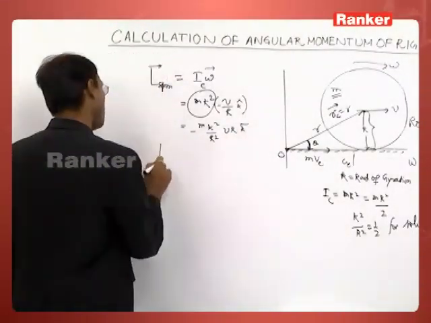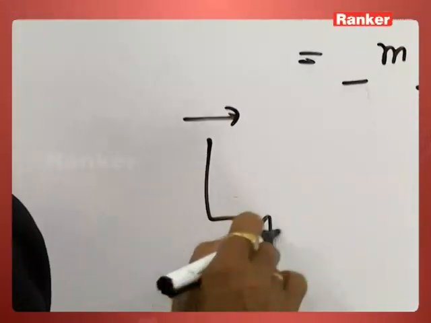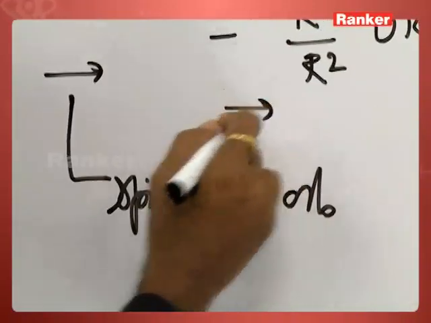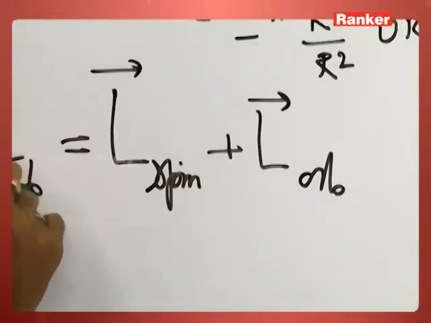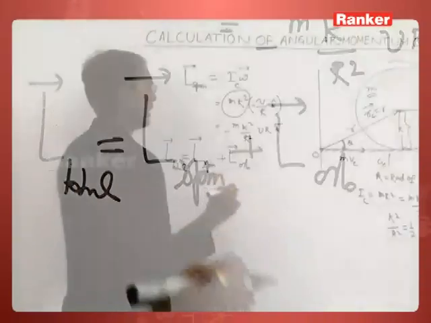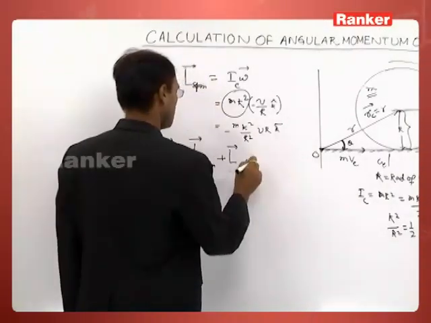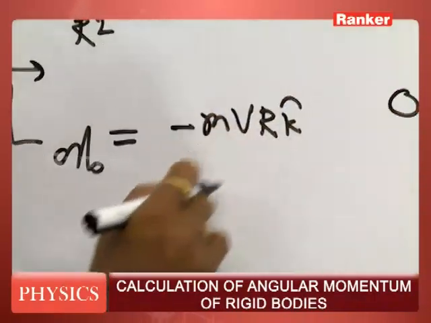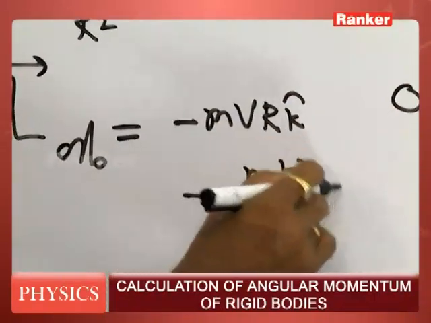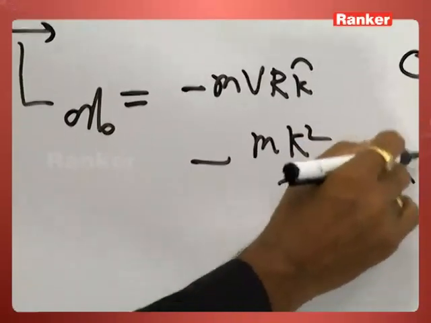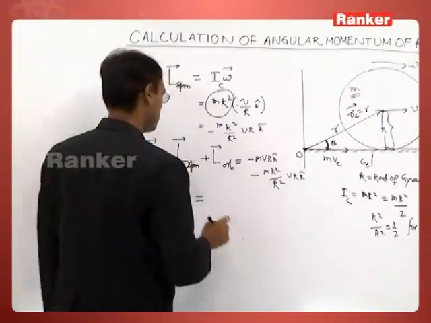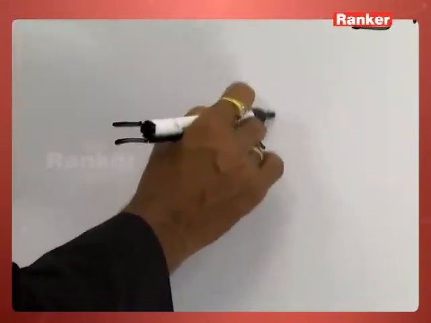Now add both the angular momenta, spin plus orbit. The total about this point is equal to minus mvr k cap minus m k square by r square vr k cap. Take common minus mvr k cap.